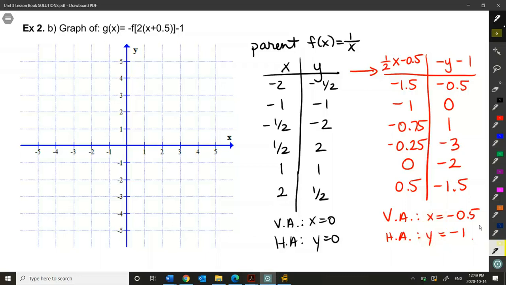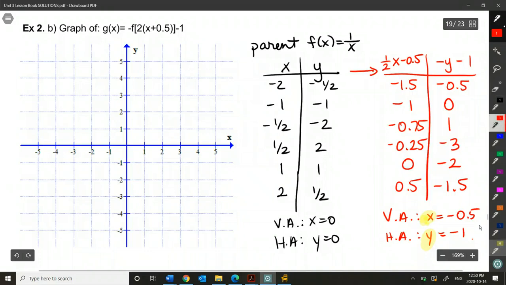The other thing that I notice quite often is that people will mix up x and y here. Or when they put it on the graph, they'll do their horizontal asymptote as the vertical asymptote and vice versa. Okay? So don't be that guy. Make sure that you give me the actual equation of the line, x equals and y equals.